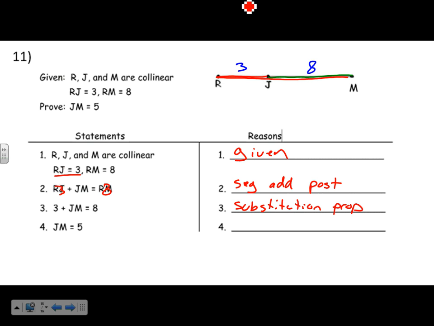All we did is sub numbers in for that. Then we found JM is equal to 5, and the reason, and there's probably other reasons for this, is I'm going to subtract 3 from both sides to solve that, and so that's going to be the subtraction property.